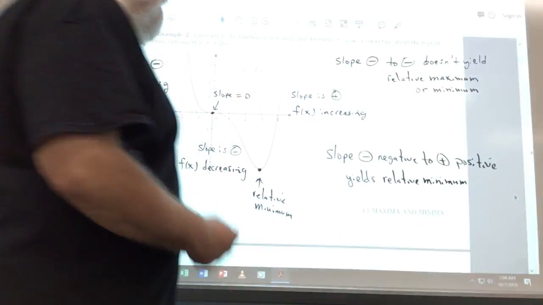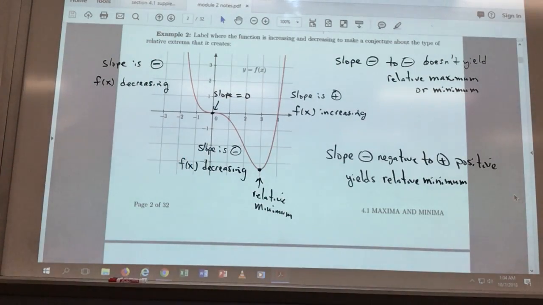Okay? So given a function f of x, using the test point method, we can find the points in the graph of that function where there are relative minimums and where there are relative maximums, and for what values of x the function is increasing and for what values of x the function is decreasing. Okay?